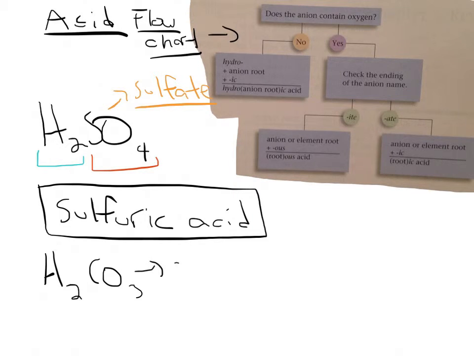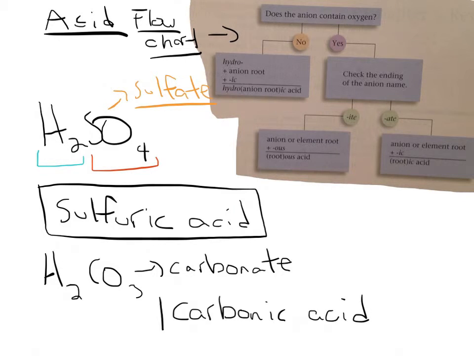So this is carbonate. And so since it ends in the ate ending, we're going to add ic to this. So this is the soda pop acid, and you've probably heard of this. Carbonic acid.